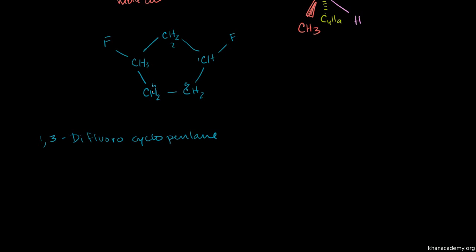So the immediate ones that we can kind of dismiss, and actually let me get rid of this numbering here just because I don't want you to think that there are somehow 3 hydrogens there. That was the number 3 carbon, number 2 carbon, and so forth. But let me get rid of them now that we've named the molecule. Don't want to confuse how many hydrogens we have at any of these points. So let's look at the carbons. Well, we can immediately dismiss that carbon, and that carbon, because each of those are bonded to 2 hydrogens.